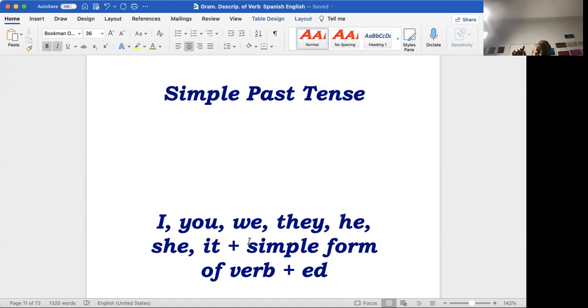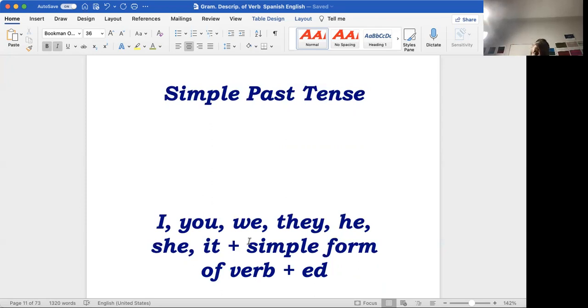Did is spelled D-I-D for all persons. You don't have to worry about if it's for I or for you or for they or for she or for it. It's all persons. I, you, we, they, he, she, it did, then not, and then the simple form of the verb talk.